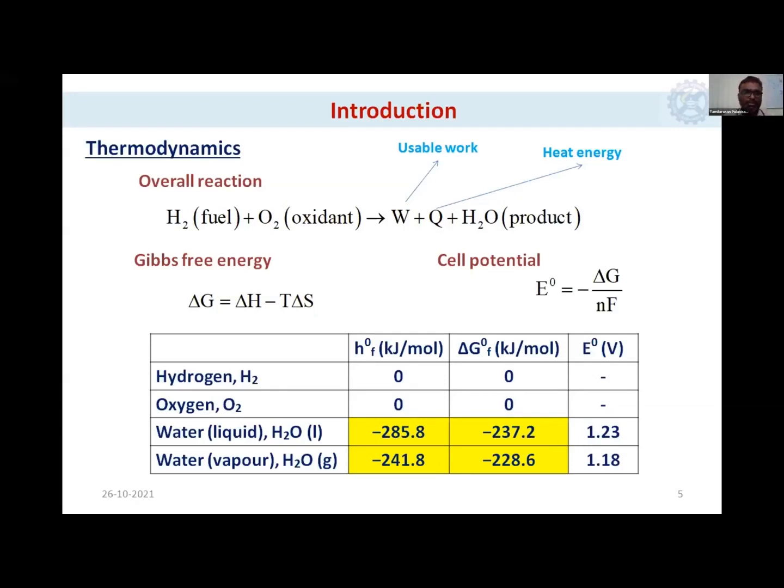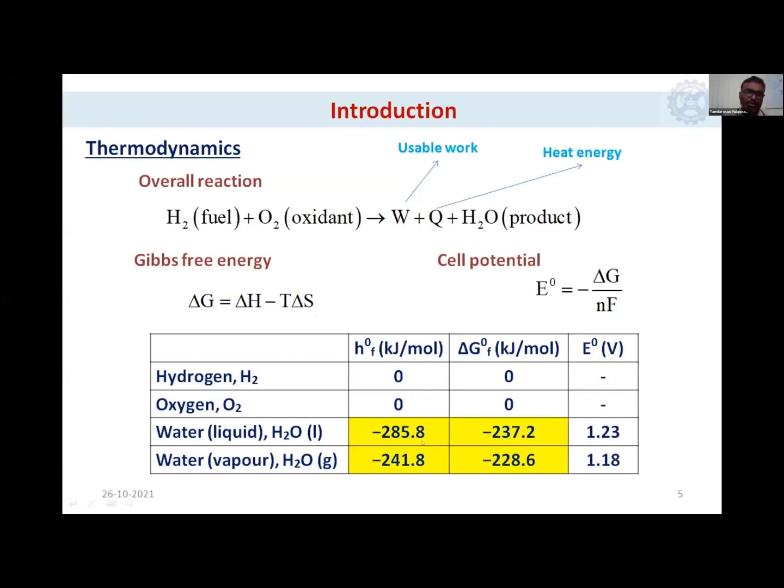And if you see the basic thermodynamic equations, I'm not going to discuss all the deep thermodynamics of fuel cell. Just I'm going to touch some flavors of that. So you have Gibbs free energy, and the cell potential in terms of Gibbs free energy. From the enthalpy of formation of hydrogen molecule, oxygen molecule and water molecule, both in liquid phase and gaseous phase, you have different numbers here.